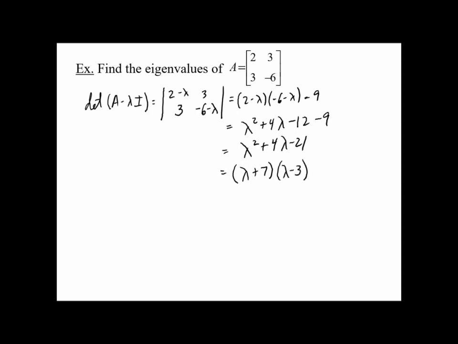And again, we know that the determinant of A minus lambda I is equal to 0. And so for that reason, lambda is negative 7 and lambda is 3. And so we have our two eigenvalues. We're not going to, but we could then check to make sure that this is actually true by the process that we saw in the earlier examples to verify that these are eigenvalues.